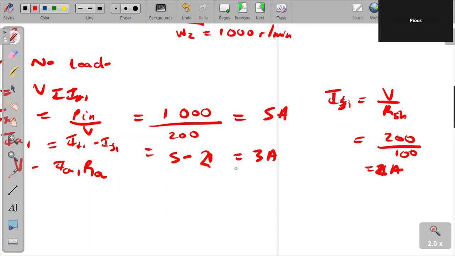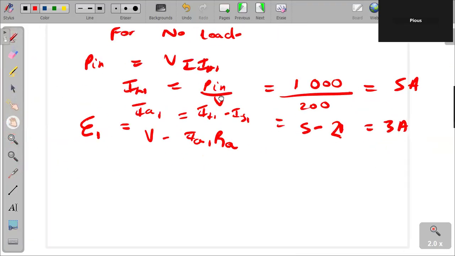So we have our IA1, which means now we can go straight into the formula and substitute to find E1. So what is going to be our E1? That's 200, our terminal voltage V, minus IA1, which is 3, times RA. Remember, the armature resistance we have been given is 0.2. So practically here, nothing much is happening except the already known information from the previous levels.